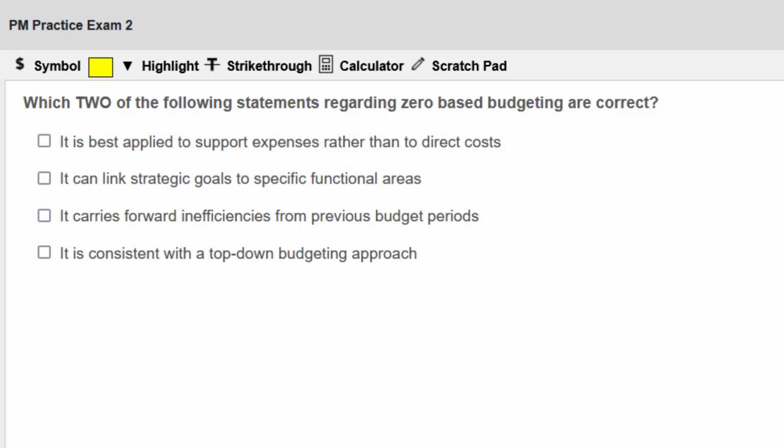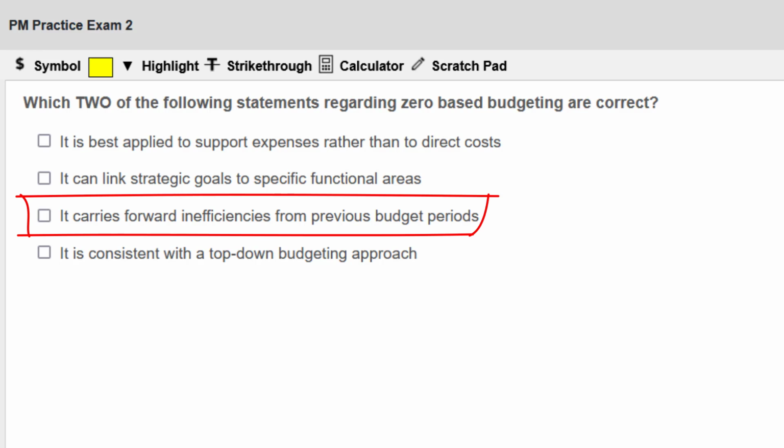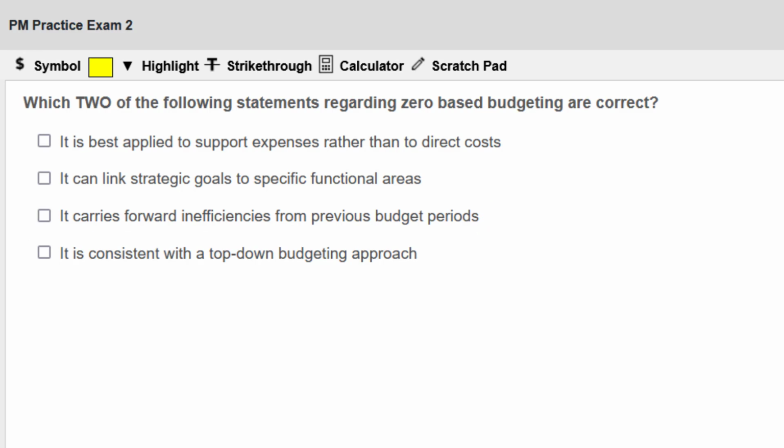So I check out the answers, and number 3 jumps out at me as incorrect. It carries forward inefficiencies from previous budget periods. That one goes with incremental budgeting, the traditional approach to budgeting. So 3 goes out.